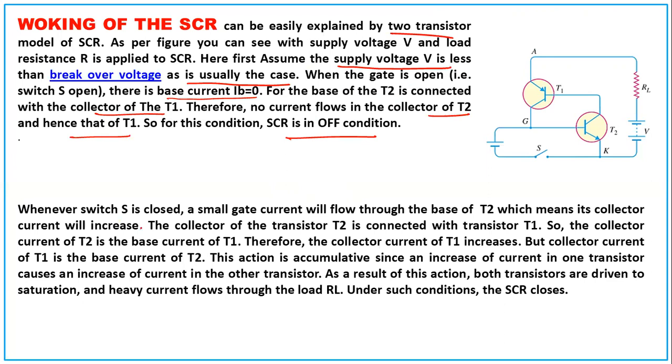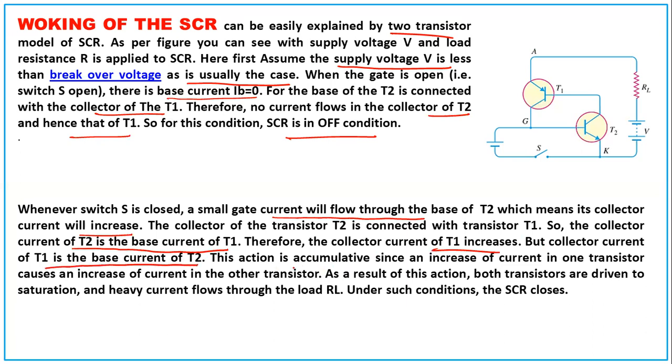Fine. When switch S is closed, that is when we are giving the gate pulse, a small gate current will flow through the base of T2, which means its collector current will increase. The collector of the transistor T2 is connected with transistor T1, so the collector current of T2 is the base current of T1. Therefore, the collector current of T1 increases. But the collector current of T1 is the base current of T2.